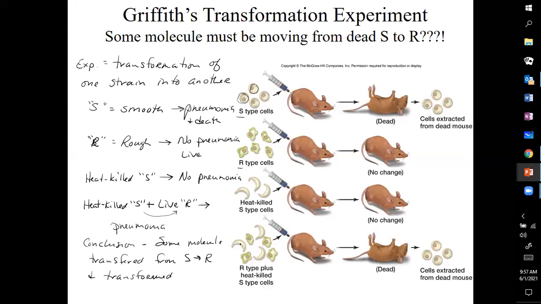Something was transferring from here to here, some molecule, transforming these into the S-type bacteria. Okay, Griffiths didn't know what the molecule was either.